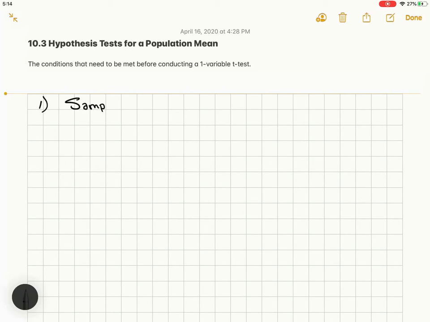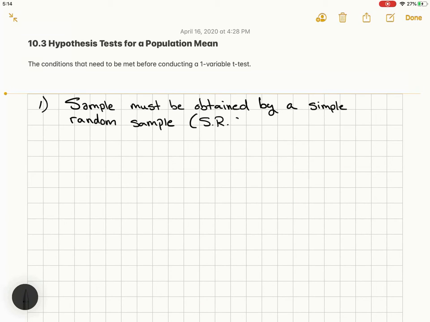The first one is your sample must be obtained by a simple random sample, and sometimes we abbreviate that SRS.